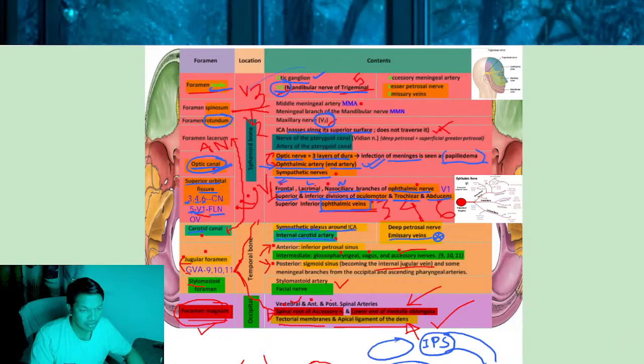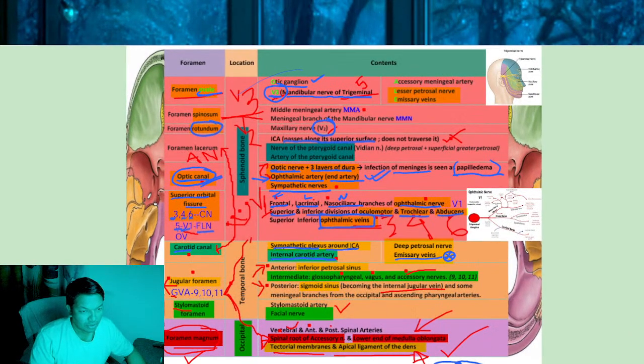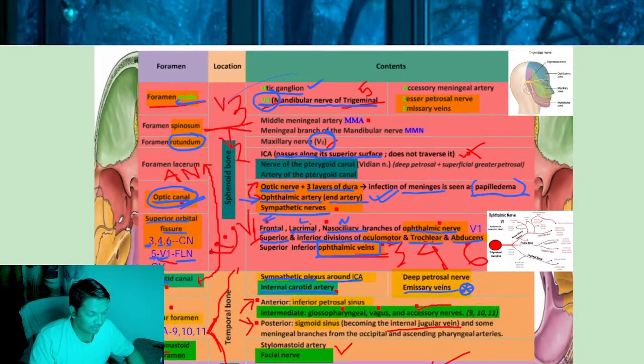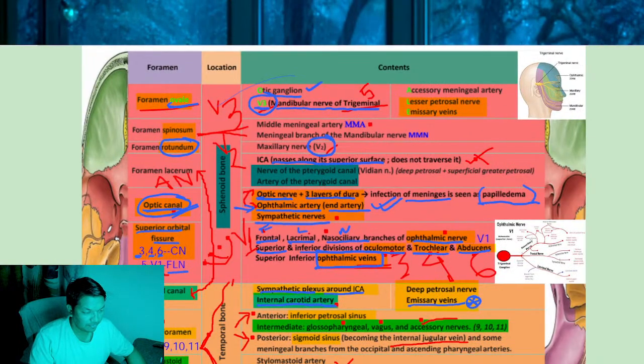Foramen ovale. What is the content of foramen ovale? Otic ganglion, the V3 branch, the mandibular branch of the trigeminal nerve. What are the 3 branches of the trigeminal nerve?